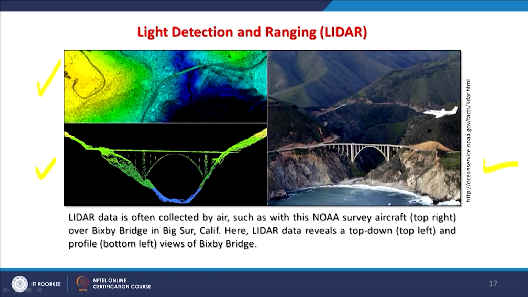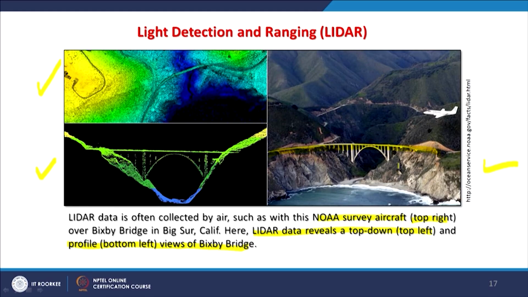So, this top left is basically LIDAR, which reveals the top down view, whereas the bottom is the Bixby bridge which is seen here, and top right is a survey on the ground, a photograph that was taken.